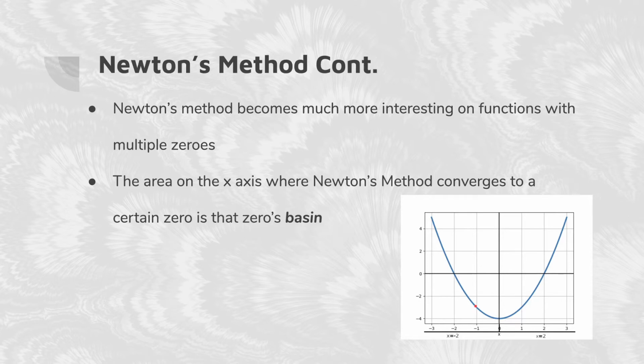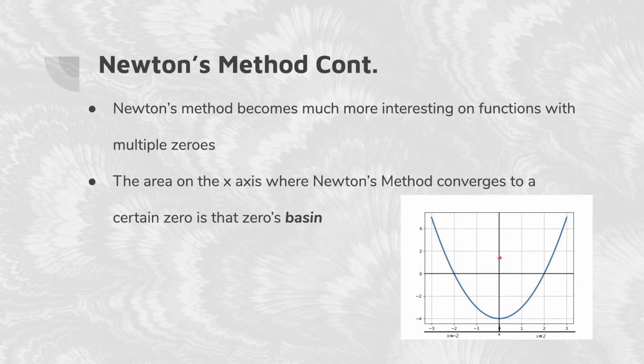So if we were to have our x naught be negative 1, we would go down the tangent line to here, go up, go down to here, and eventually pretty soon we would find ourselves at x equals negative 2. But were we to choose x naught equals 1, we would go down the tangent line to here, go up here, down here, and eventually we would end up at x equals 2.